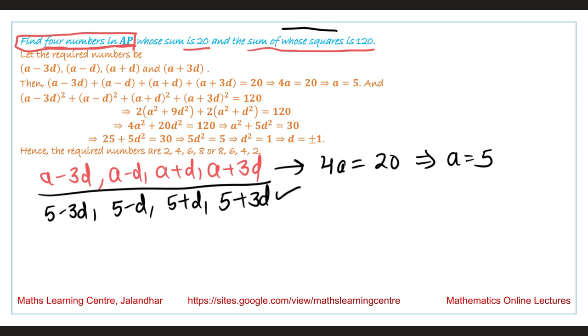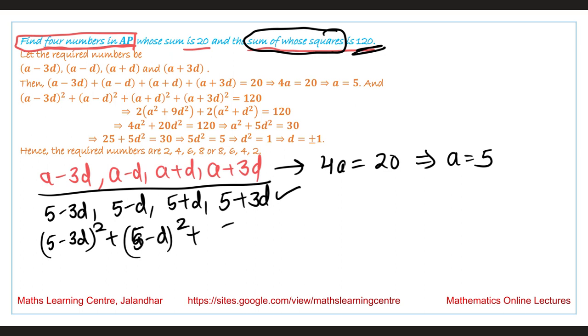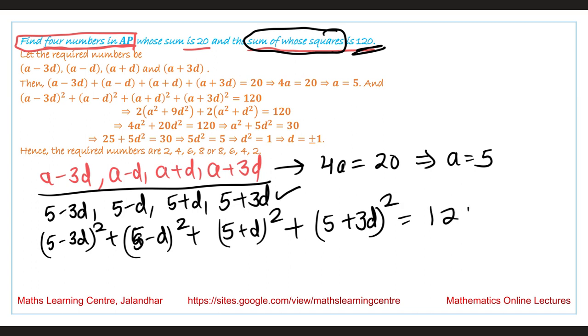Now next is the sum of whose squares is 120. So we are writing (5 minus 3d) squared plus (5 minus d) squared plus (5 plus d) squared plus (5 plus 3d) squared. It is given to be 120.